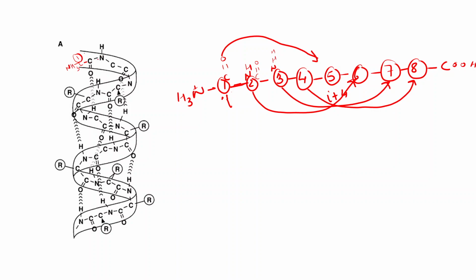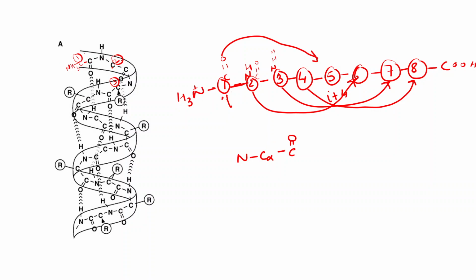Then this is the second amino acid, the second C alpha carbon. So amino group, C alpha, and then carboxylic group. Then again amino group, this is the third amino acid, and then carboxylic group, then the fourth amino acid, N, C, C. So any amino acid is basically N, C alpha, and then the carboxylic group. This will be one amino acid.